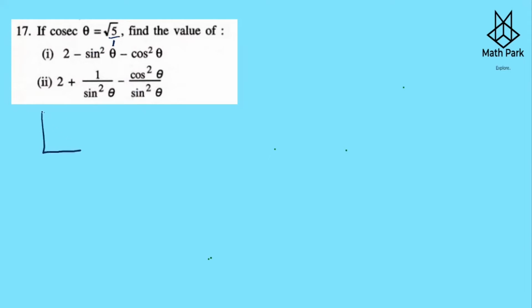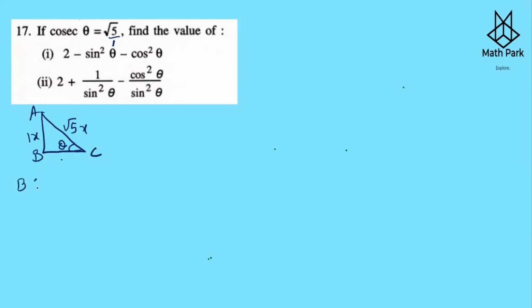Let us draw a right triangle where theta is an acute angle. So cosec theta is hypotenuse upon opposite. So this becomes 1x, hypotenuse upon opposite. So let us find this one by Pythagoras theorem. So let us name it as ABC.